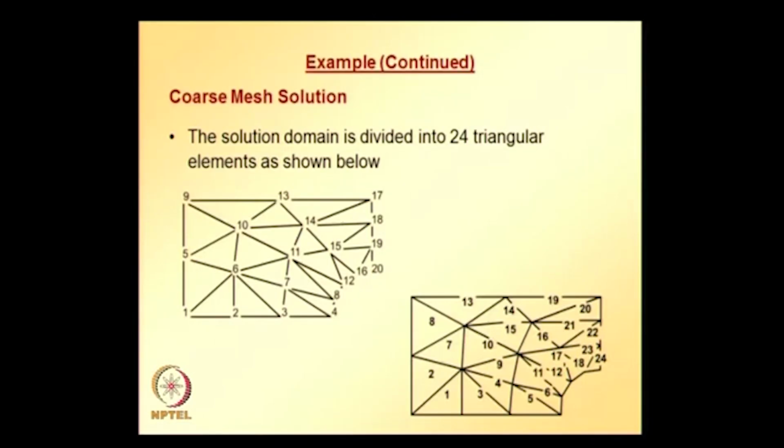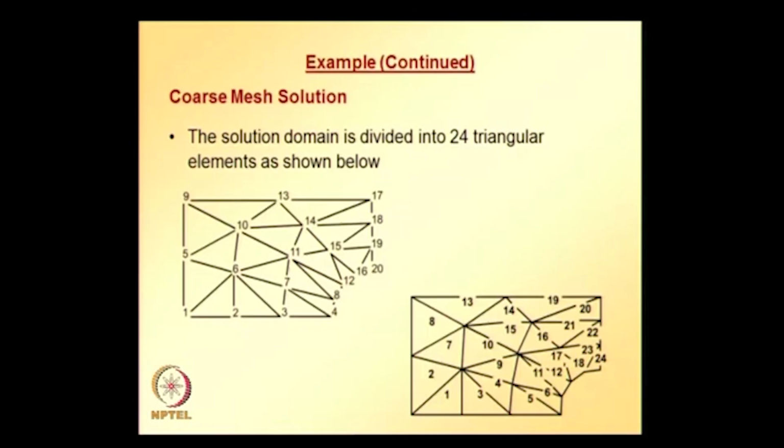So using this discretization we can solve this problem by imposing essential boundary conditions at nodes 9, 13, 17, 1, 2, 3, 4, 8, 12, 16 and 20, and we can solve for the stream function value at the other nodes.